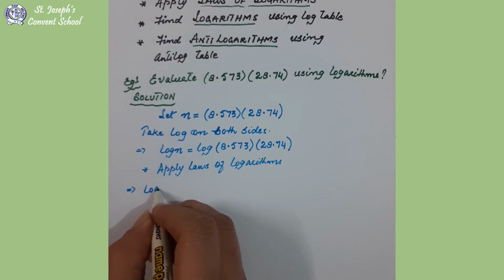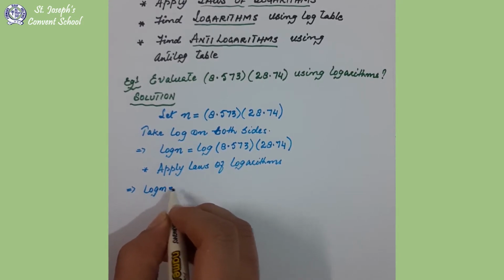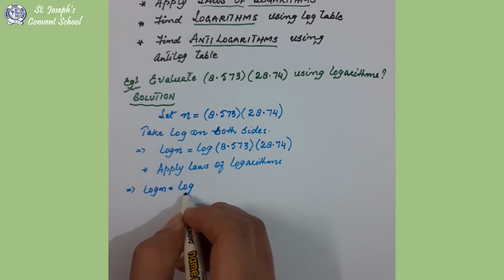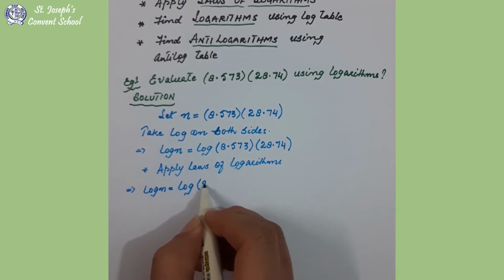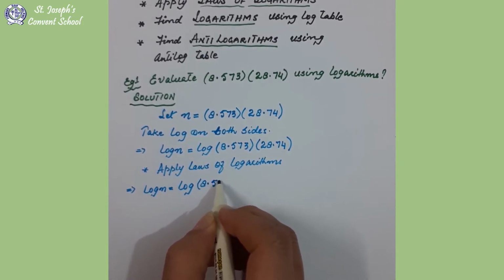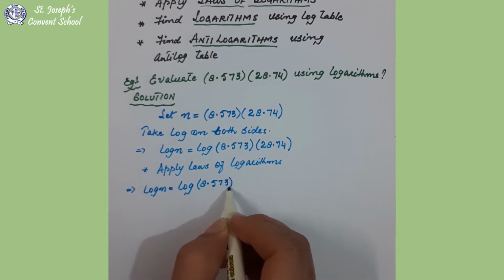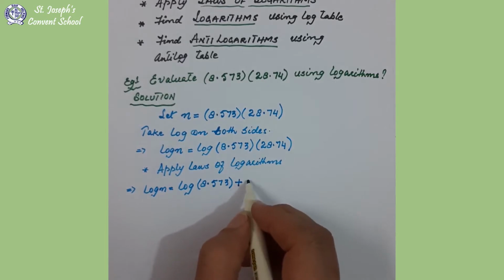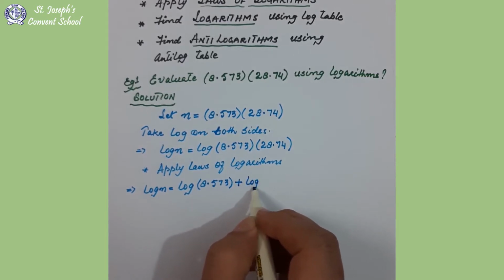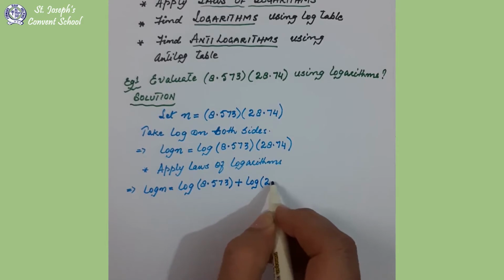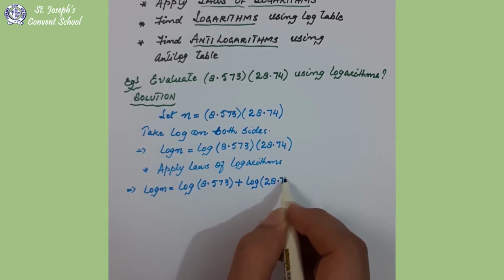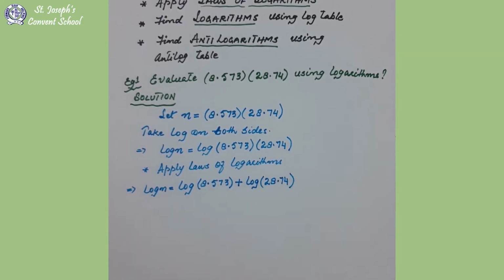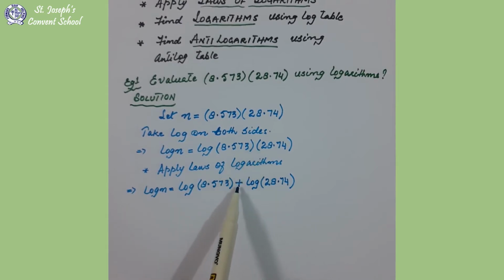So this will become log n equals log of the first bracket, 8.573, plus, then write log with the second bracket also, log 28.74.